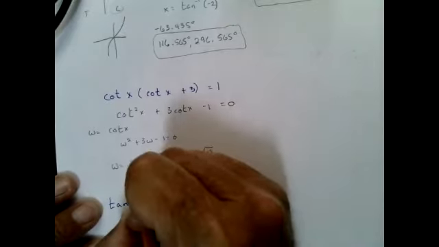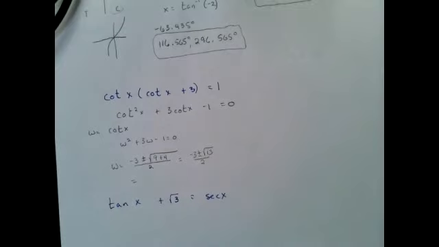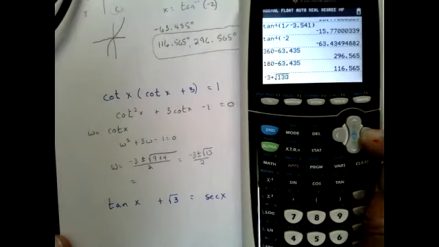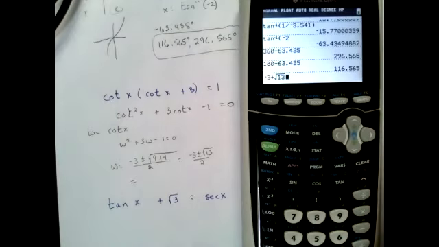And I'm going to go back to my calculator. Negative 3 plus the square root of 13, and I need my arrow to get out of that square root.